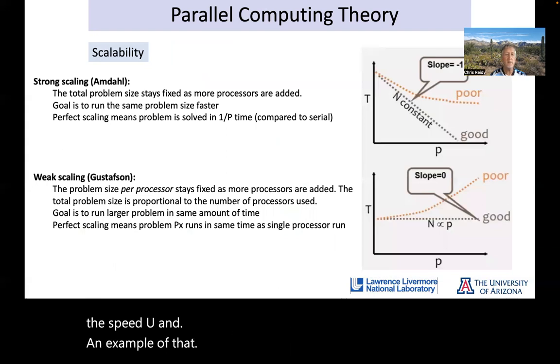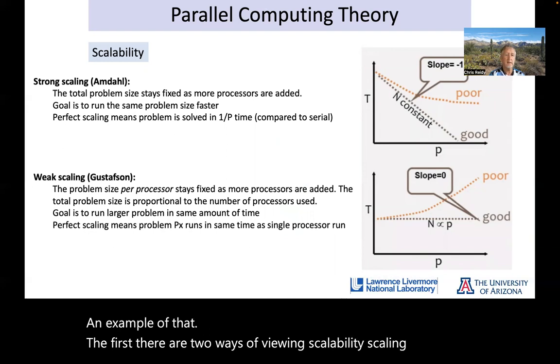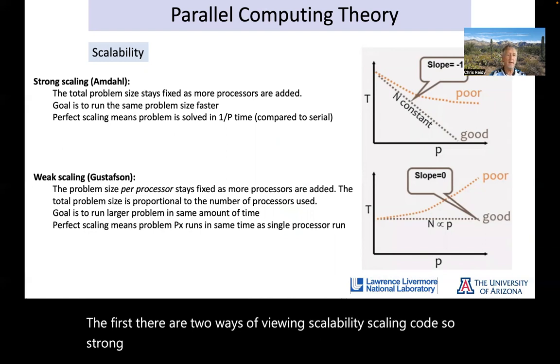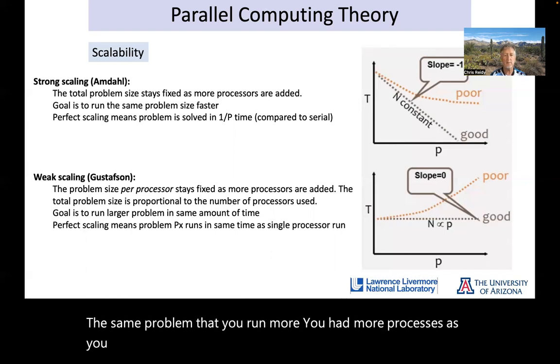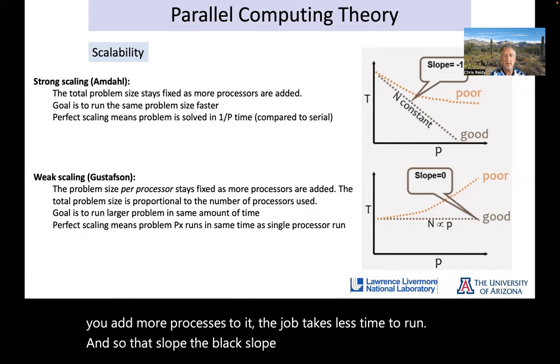But first, there are two ways of viewing scalability, scaling code. So strong scaling is when you have the same problem, but you add more processors. As you add more processors to it, the job takes less time to run. And so that slope, the black slope, indicates perfect. And then the other one is weak scaling.